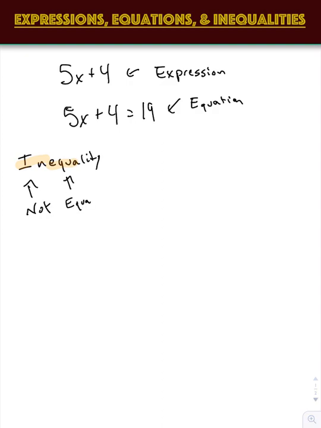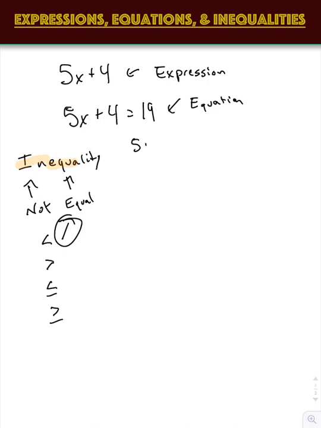So it's a statement that's not equal. What that means, our options are you could have less than, you could have greater than, you could have less than or equal to, you could have greater than or equal to, but not equal to. Equal to is an equation, so it's all the things that are not equal: less than, greater than, less than or equal to, or greater than or equal to.